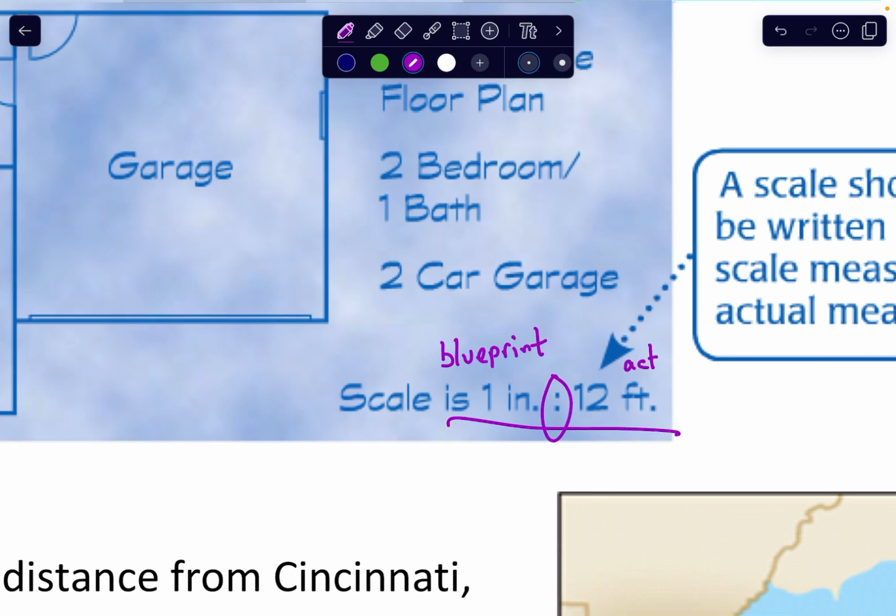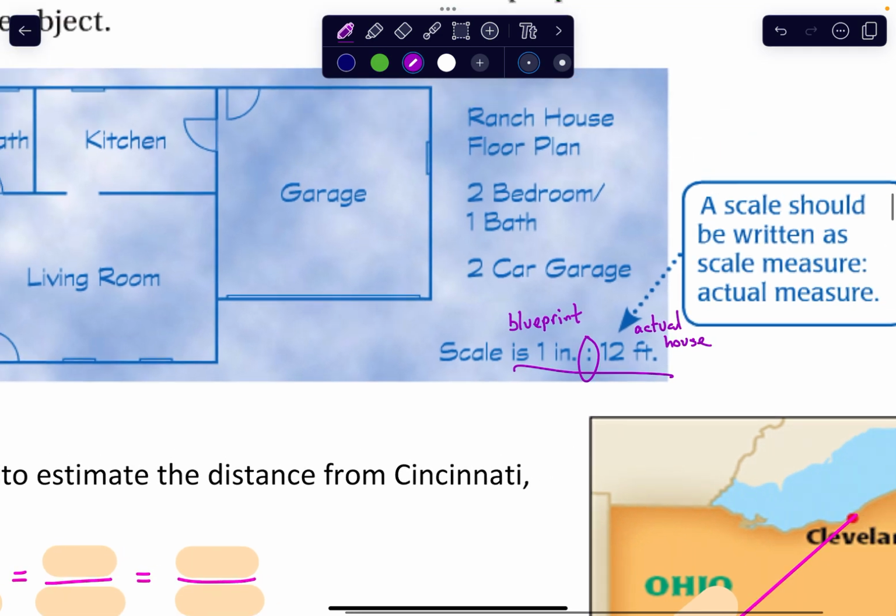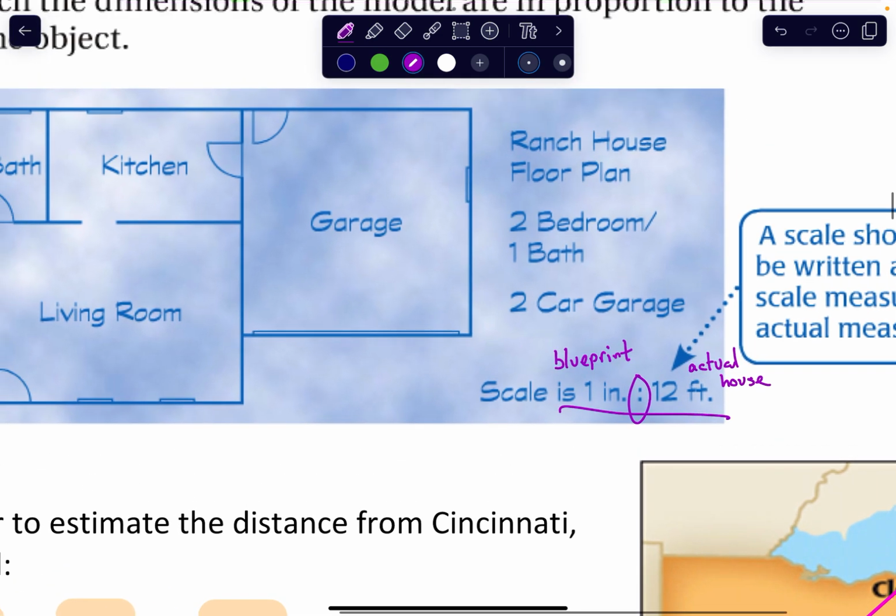And then 12 feet would be in the actual house. So every number is going to be every number in the actual house. Like if the garage is 30 feet long, we're going to divide that by 12 feet to get how many inches it should be on the paper.